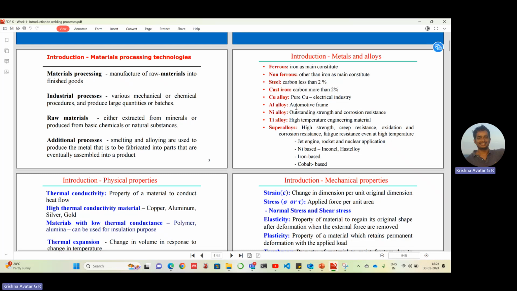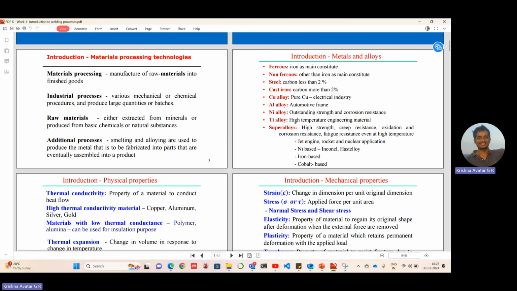Aluminum alloys are used in automotive frames and in the aerospace industry, for example as a structure for the fuselage, mainly because of their low weight and high strength. Nickel alloys have outstanding strength and are also very resistant to corrosion.